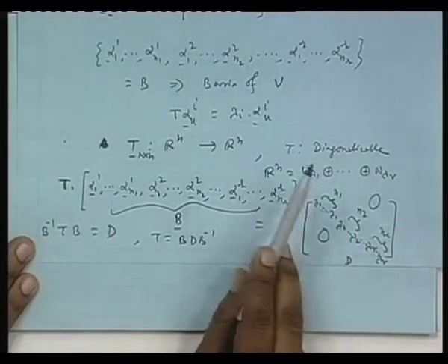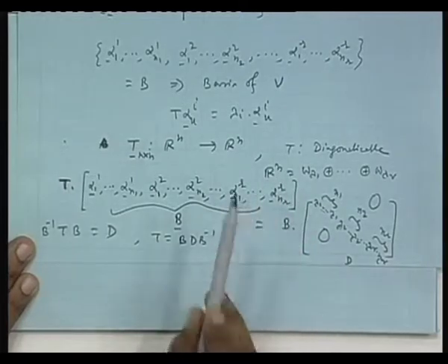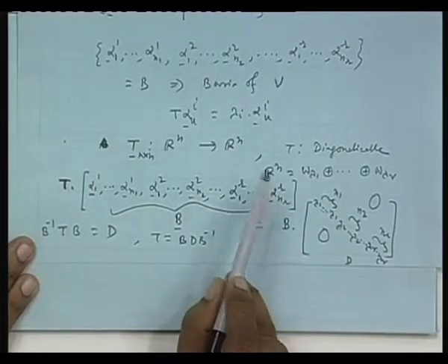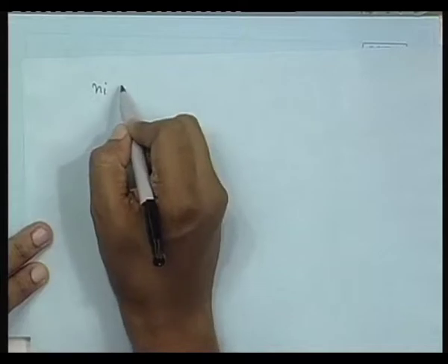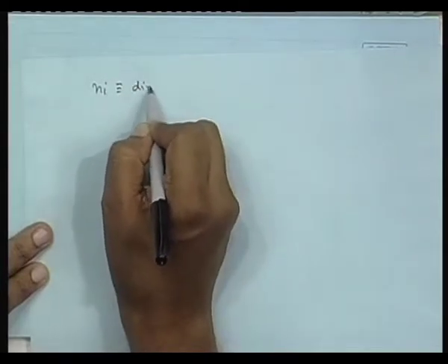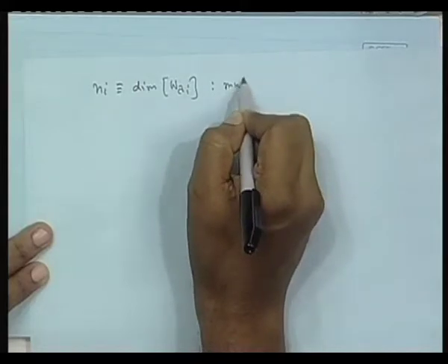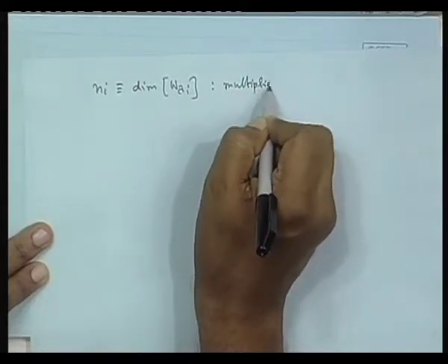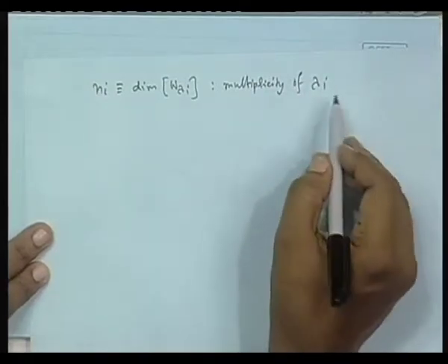Ni is the dimension of W lambda i. That means the dimension of the eigen subspace W lambda i indicates the multiplicity of the eigenvalue lambda i, remember. That means ni, which is the dimension of W lambda i, is also the multiplicity of lambda i.